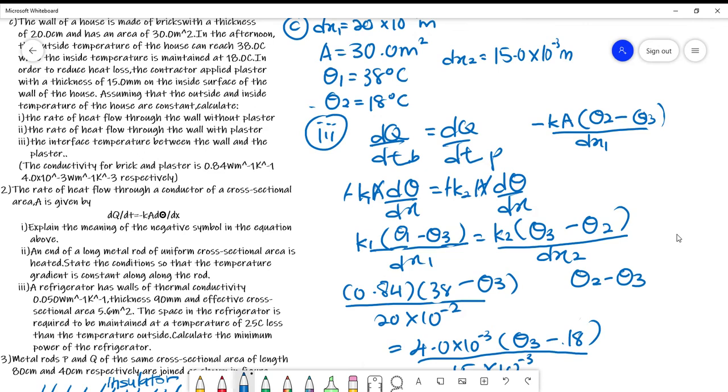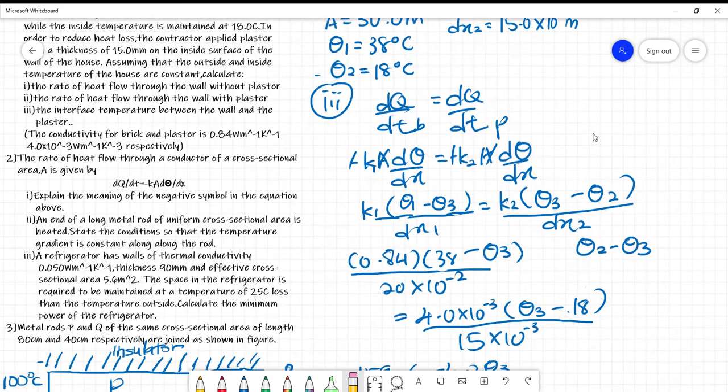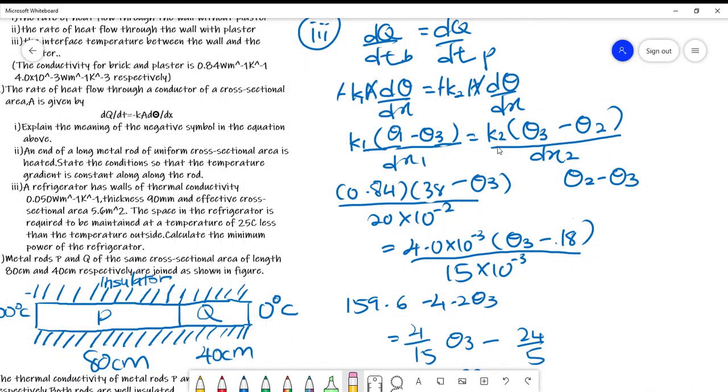It should be the same. So okay, never mind, I'll recheck again. So basically the general formula is from the outside into inside, which is theta 1 minus theta 2. So theta 1 minus theta 2 is actually from the hotter region to the colder region. So this is the main concept.